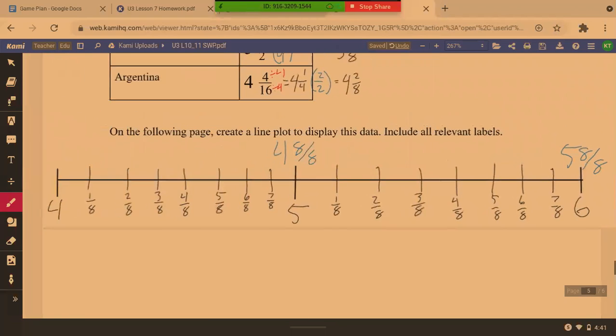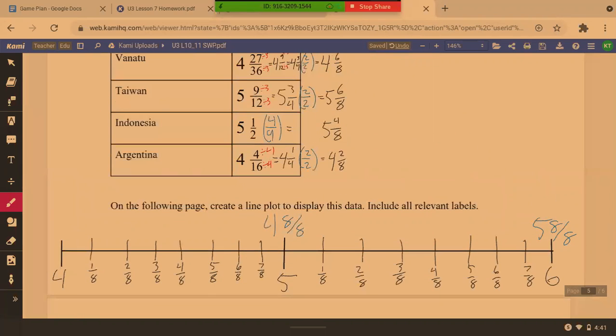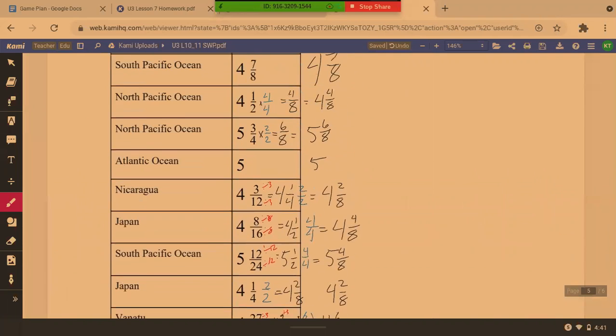There we go. So now all we got to do is put each country on the line plot.